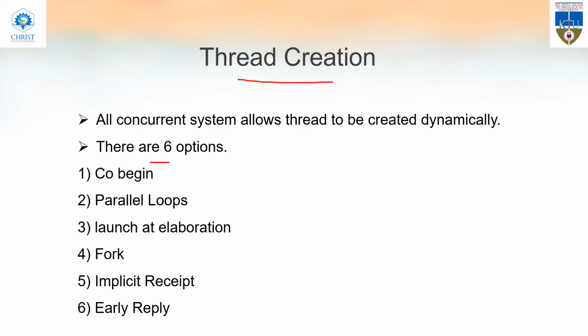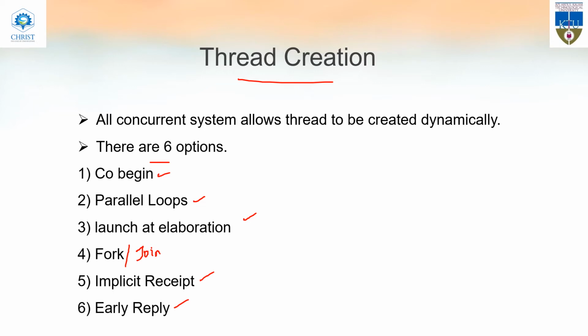The first one is co-begin. The second is parallel loops. The third is launch-at-elaboration. Then fork/join. The fifth is implicit receipt, and the last one is early reply. These are the 6 ways in which a thread can be created dynamically.